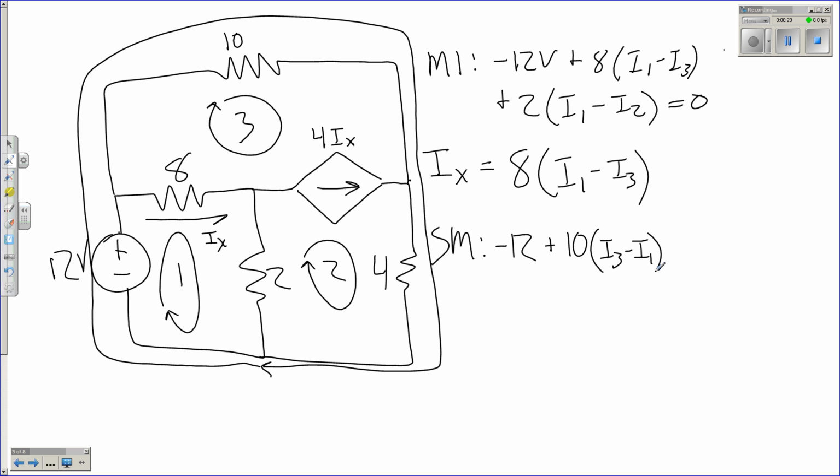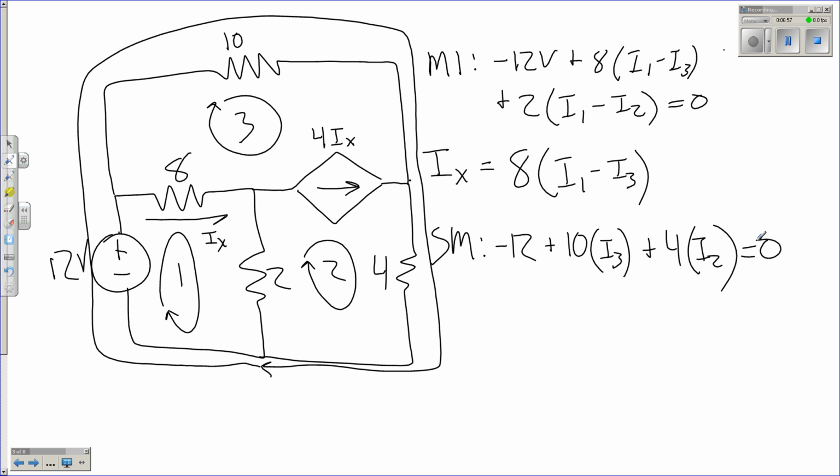Oh, never mind. What am I thinking? Just I3. Come down the other side, we get to mesh 2. We have 4 ohms times I2, and we're back at the source. So this completes our equation. Now we have 3 equations and 3 unknowns, I1, I2, and I3. And we can solve it now.